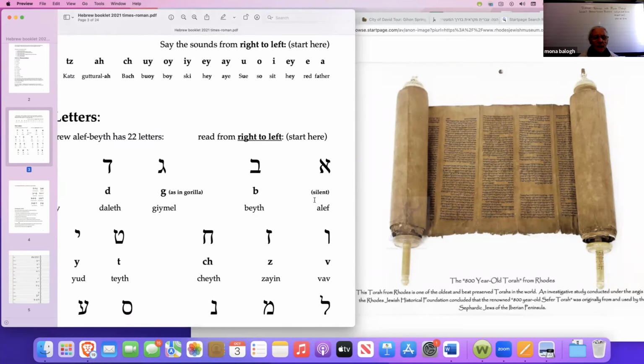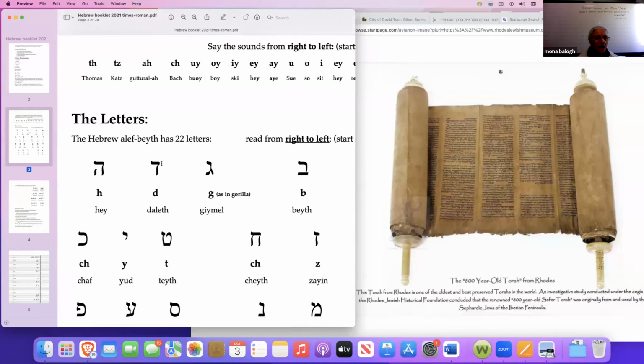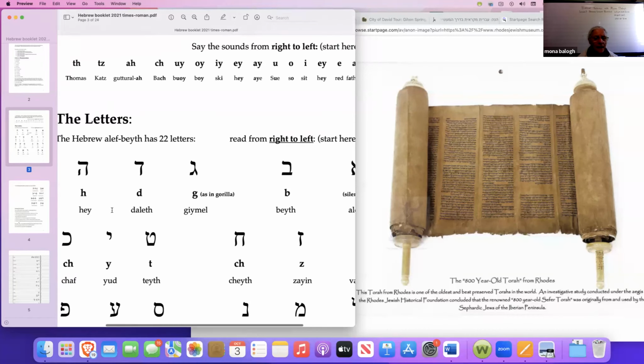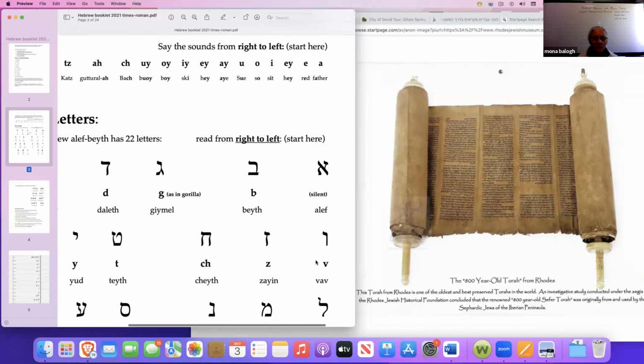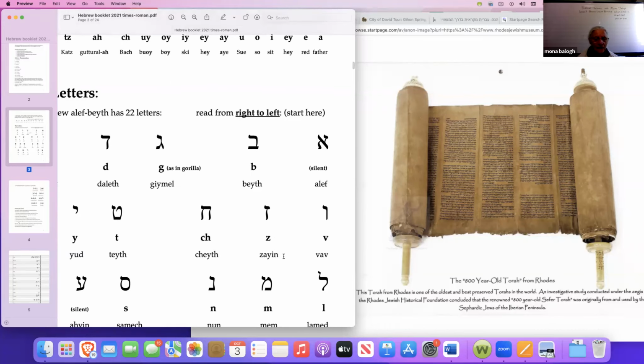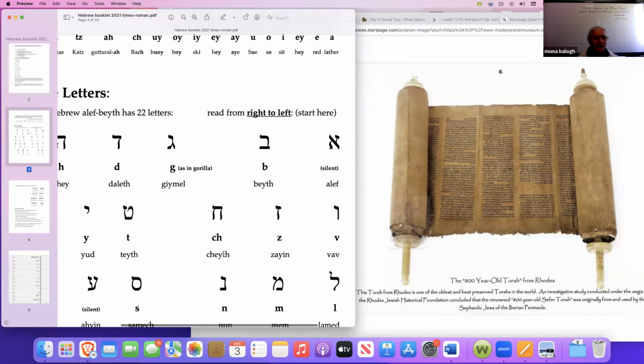Aleph, silent. Aleph. Beit, b, beit. Gimel, g, gimel. Dalet, d, dalet. Hey, h, hey. Vav, v, vav. Zayin, z, zayin. Chet, ch, chet.